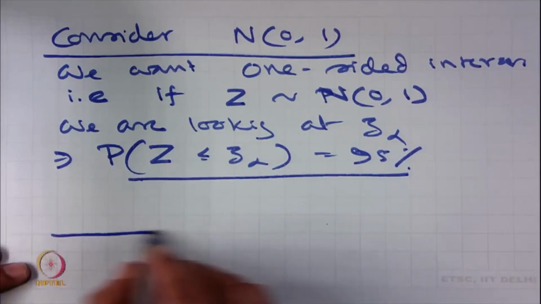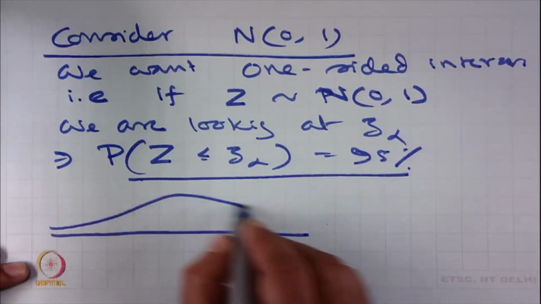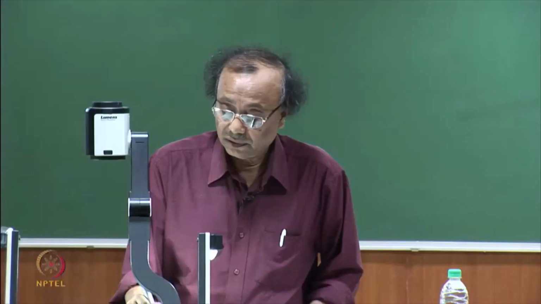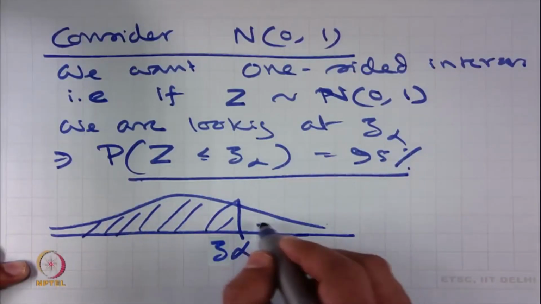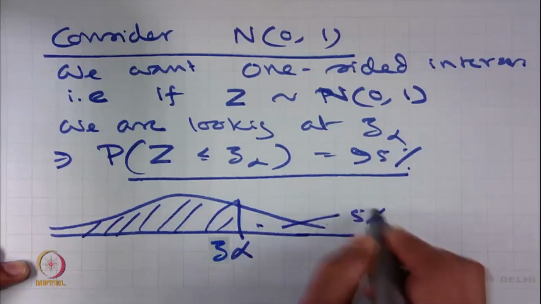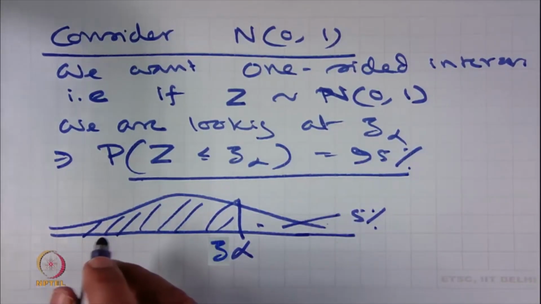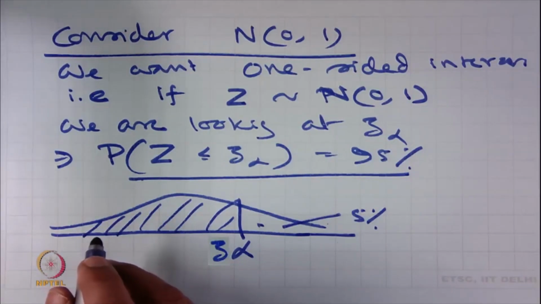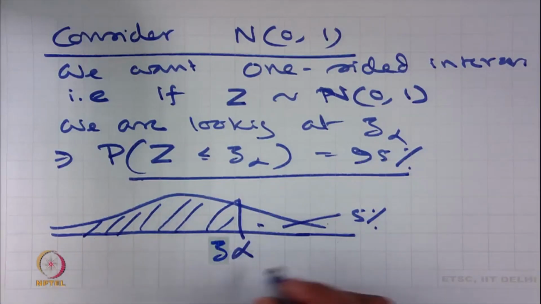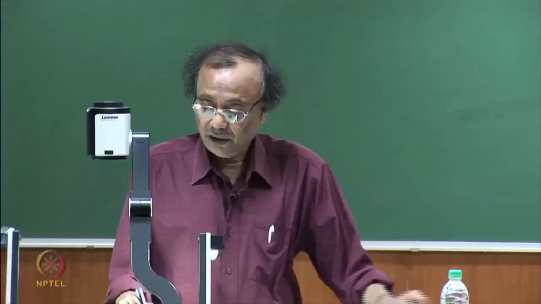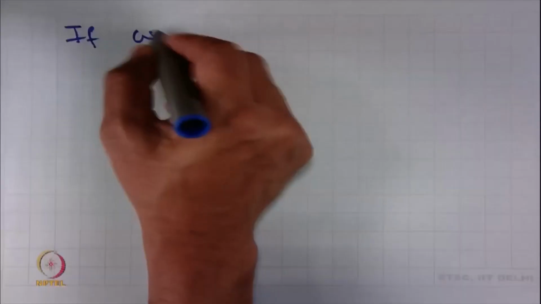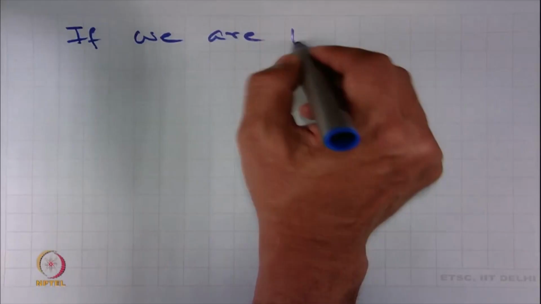Or in other words, if it is a normal curve, we are looking at z alpha such that this area is 95%, that is, this area is 5%. These are called one sided intervals, and for normal 0 1 at 95%, this value is 1.64.